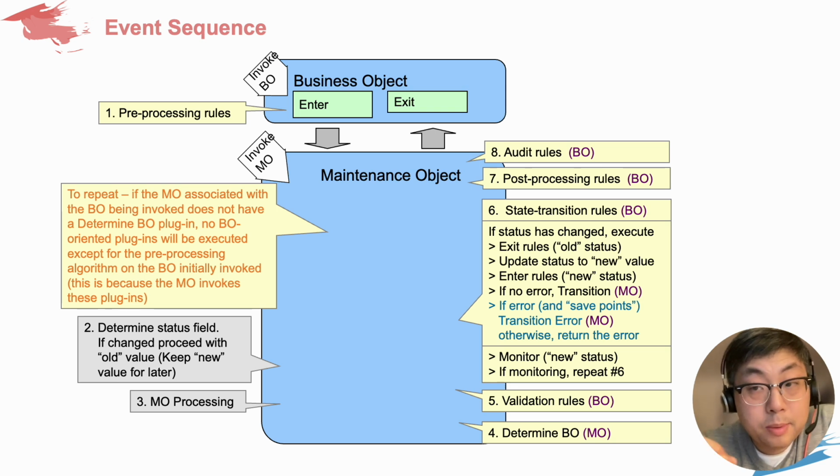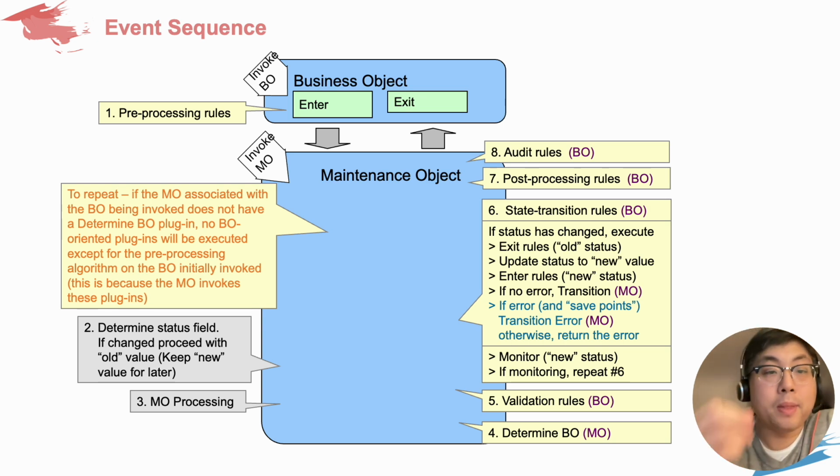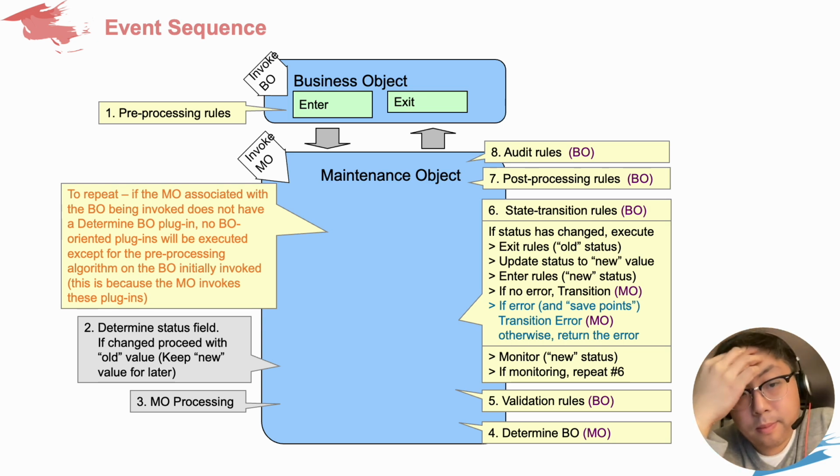And sometimes the rules need to be altered or changed on system events if you want a particular rule to run at a particular point. Okay, so it's quite simple.